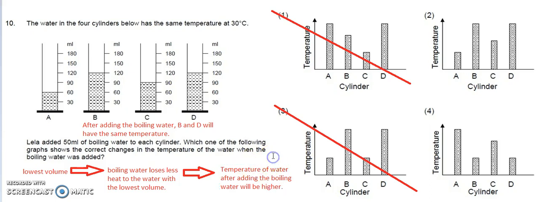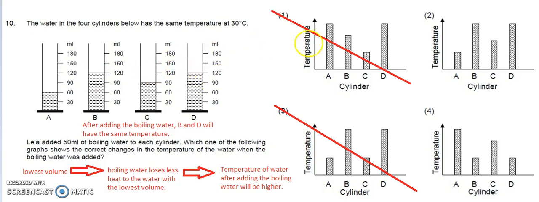So let us make this clear again. The one with the lowest volume, after you add the boiling water, the temperature eventually will be higher. Why? Because there's less water to absorb the heat. Whereas when you have more water, the temperature should be lower.